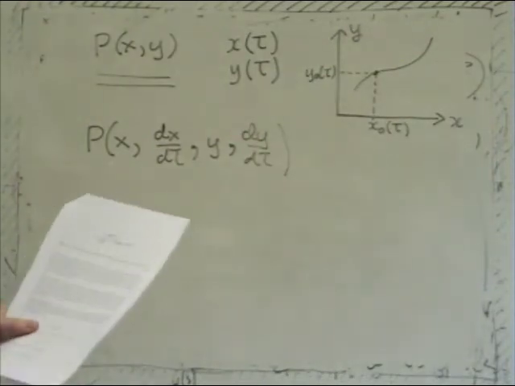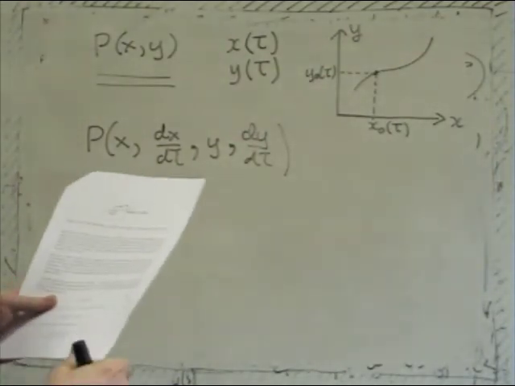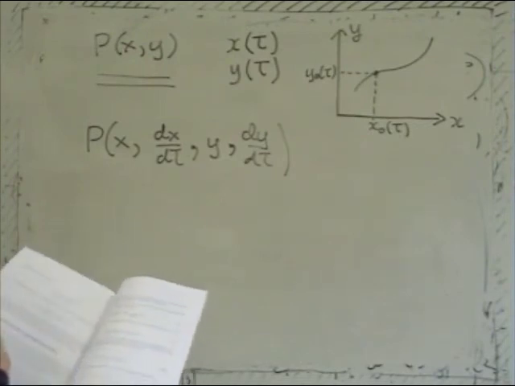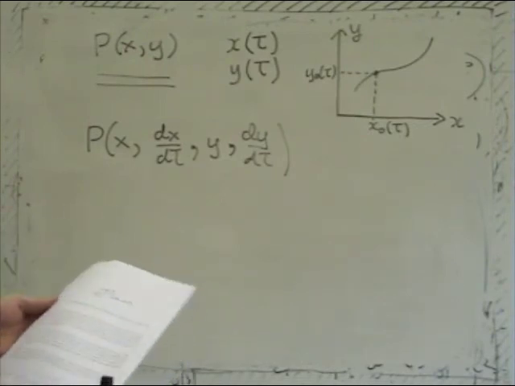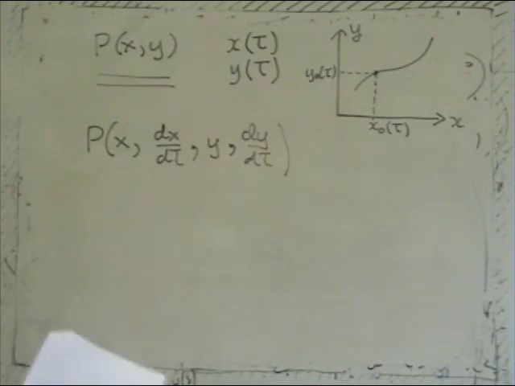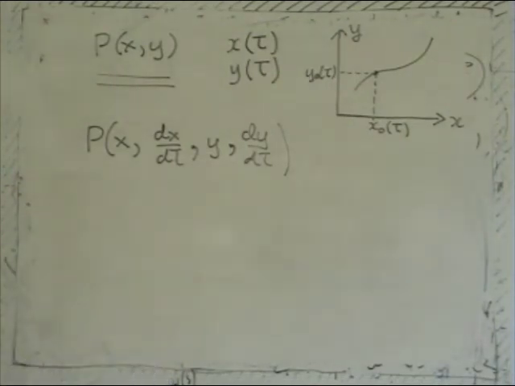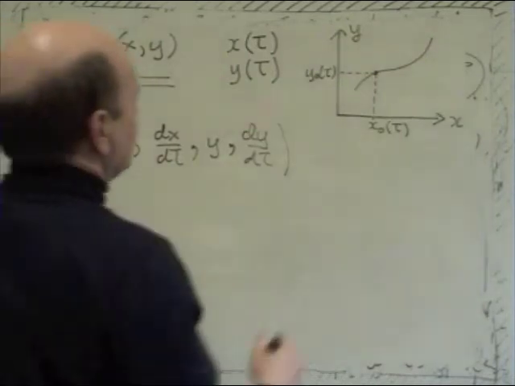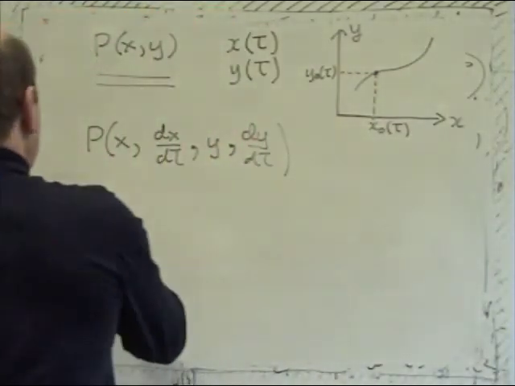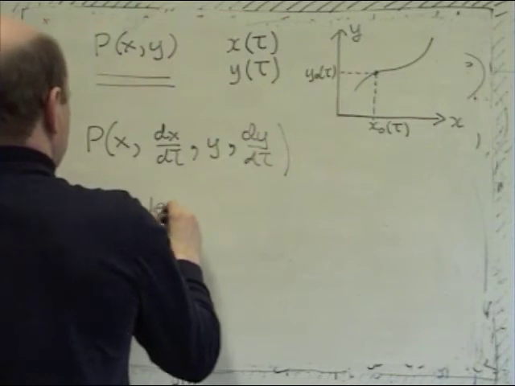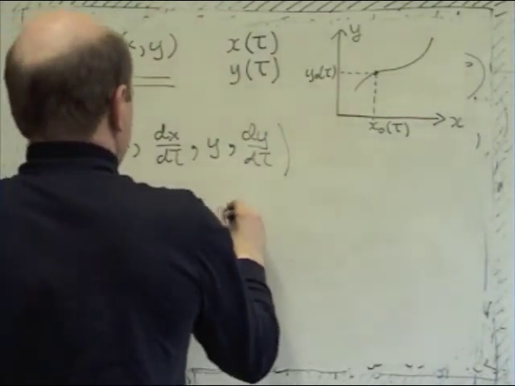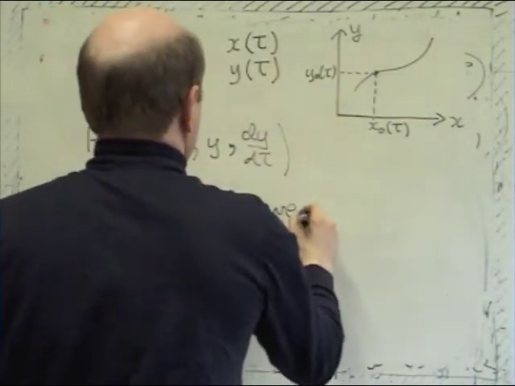And what p could be, for example, it could be quite a complicated quantity. It could be the length of the curve. So suppose p is the length of my curve. Right?